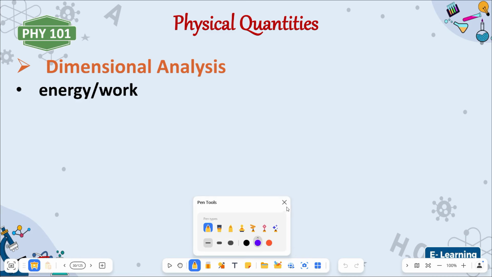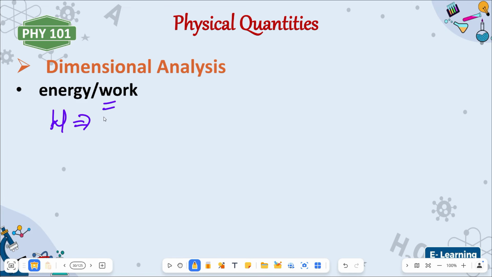So the next one is energy or work. We've looked at this before. We said energy or work have the same unit, so the same dimension. Let us use work. Now, work is force times distance. All right, my dear student. Work is what? Force times distance. So what is the dimension for force?